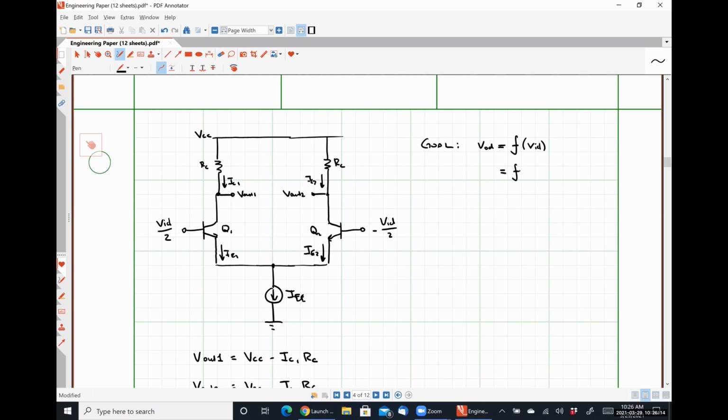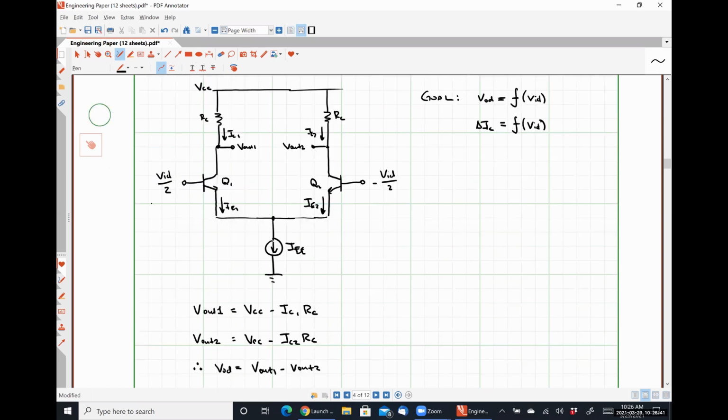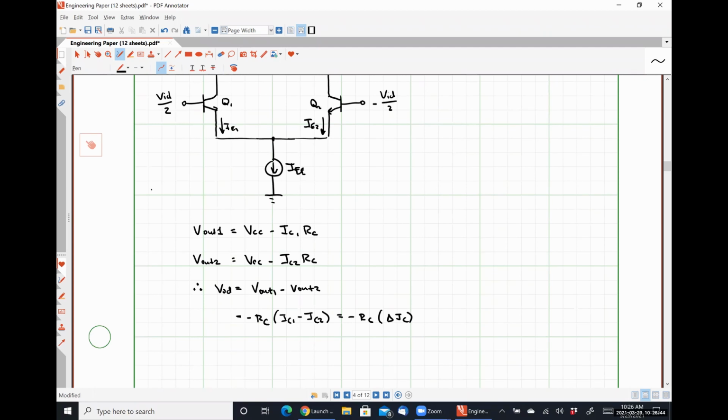We need to figure out how to determine delta IC also as a function of our input differential voltage, right? Because once we know what delta IC is as a function of our input differential voltage, we can substitute it directly into the equation that we just developed, and we're good to go.